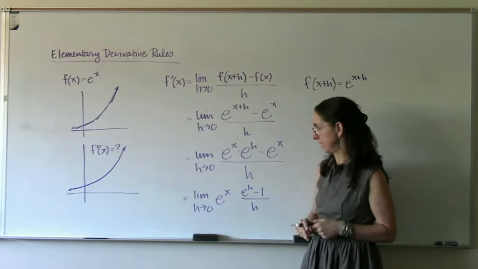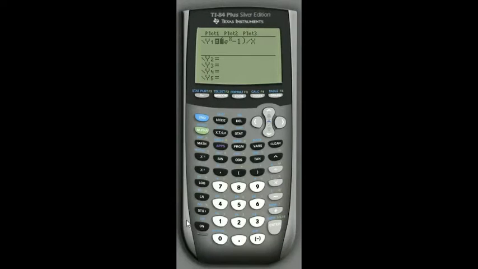So let's do that. Here's the calculator, and we've entered the expression into the y equals screen. What we want to do is look at the values of this thing as x gets very close to 0.